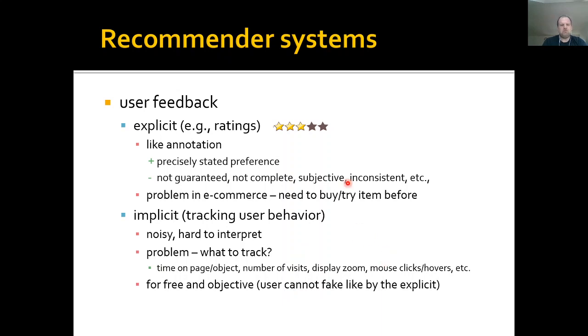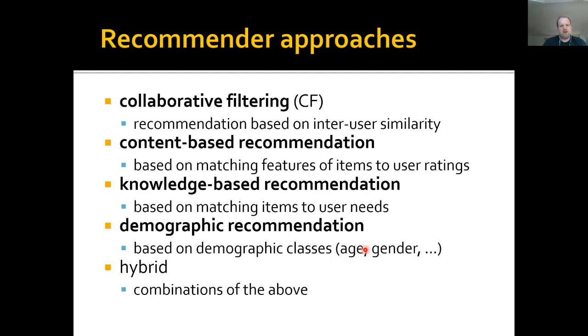Okay, so explicit and implicit feedback, that's the key to recommender systems. Now we will shortly introduce the methods of recommending, and out of the 4 I have listed here, I will more closely discuss the first 3.